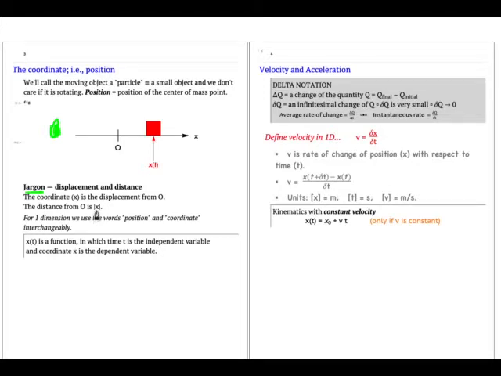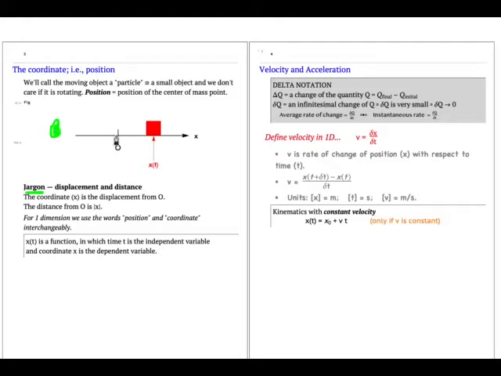Now, displacement could be positive or negative. So this is a positive displacement, and it's a positive distance. But this is a negative displacement. It's displaced to the left of the origin in the negative direction. I specify the right word to be the positive direction. So this is a negative displacement.